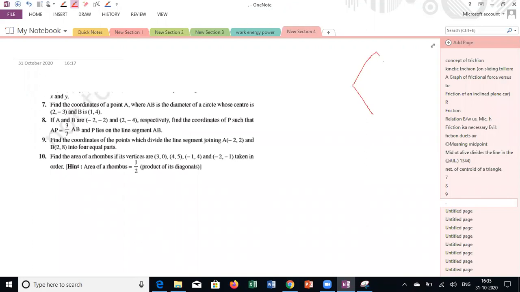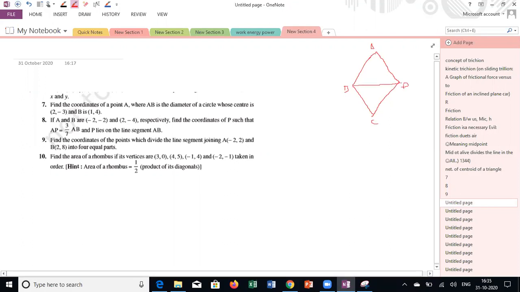rhombus A, B, C, D. What is the rhombus area?